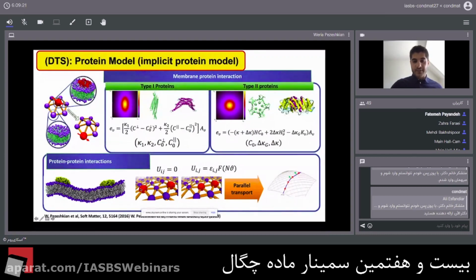When the 2 vertices are non-neighbors, we just use a 0 potential, so it's a very short range potential. When they are neighbors, we use a potential like this that depends on the orientation of each protein in their plane, but after the parallel transport. So the angle between the 2 proteins will be obtained after the parallel transport.